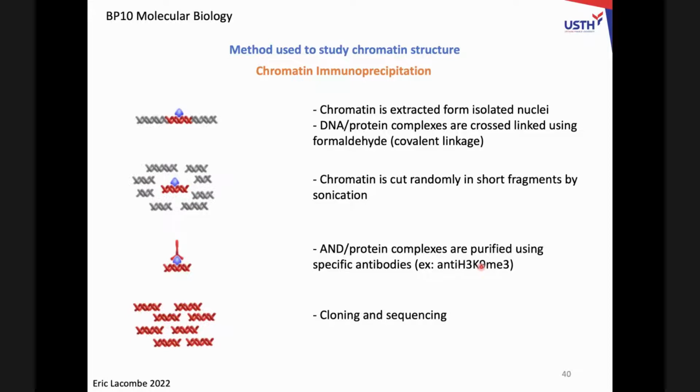Now, from that, you understand that if you want a global view of all the fragments of the genome that are directly in interaction with methylated H3K9, all the fragments that you sequence will be in that situation. Do you understand the process like that?